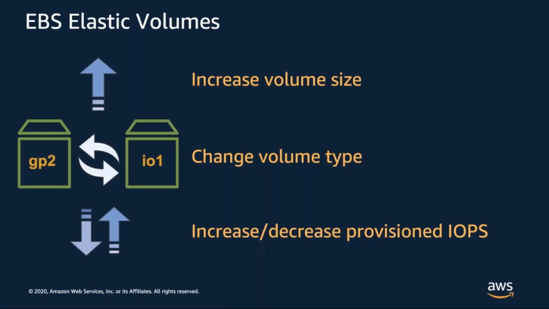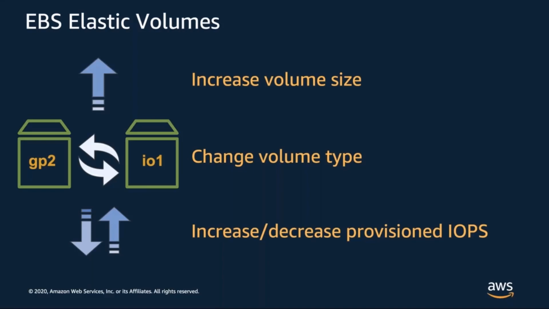EBS should be provisioned to a minimum size because upsizing is easy with zero downtime, whereas downsizing a volume from higher capacity to lower capacity requires administrative intervention and high effort. You can change volume types using the EBS Elastic Volume feature. There is no cost to modify volumes, and the changes are made dynamically with no downtime required. The new configuration is in effect at the point when you issue a modification. However, the optimization may continue for many hours in the background. Billing for the new configuration begins as soon as the state turns to optimizing.